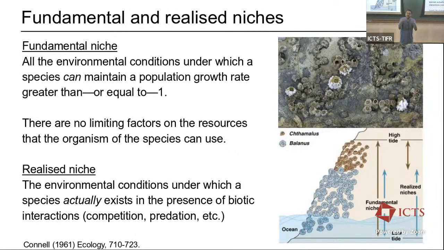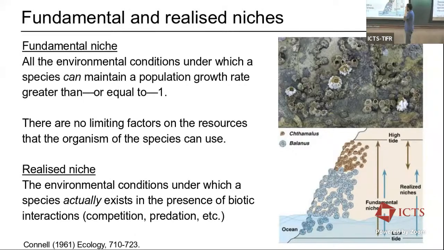Species can potentially be found in a certain range of conditions, but if you add a competitor, where is that species then actually found? That becomes what's called the realized niche. And competition has been the most important interaction in community ecology for trying to understand communities.